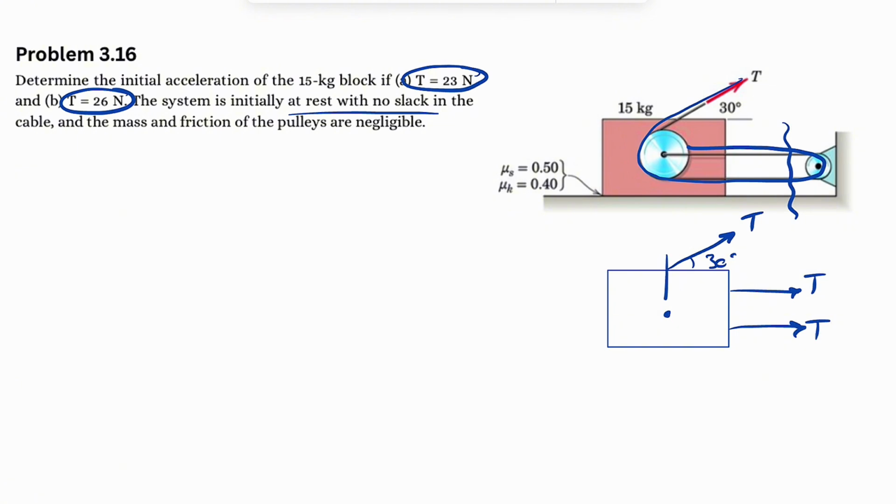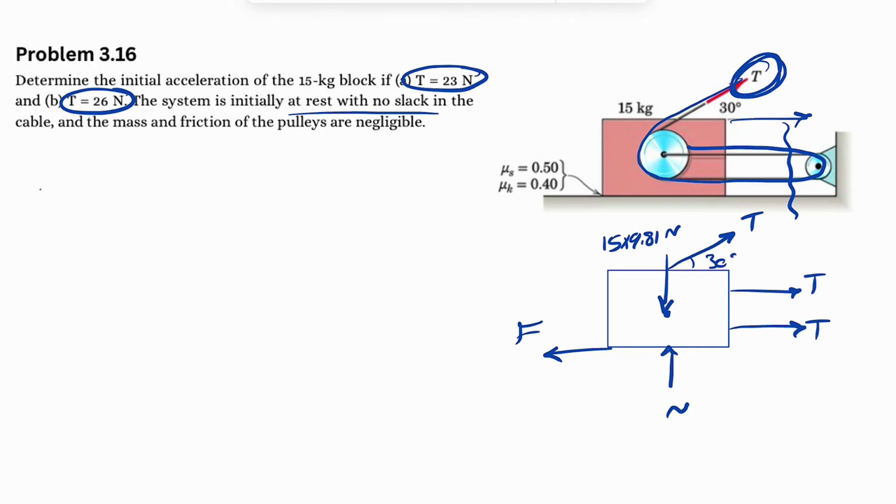degrees. On top of that, we have the weight, which is 15 kilograms multiplied by 9.81, which is our g, to get it in newtons. We have a normal force N here, and by pulling this cable, the block tends to move to the right, so our friction has to be in the opposite direction, to the left, and that's going to be our friction.